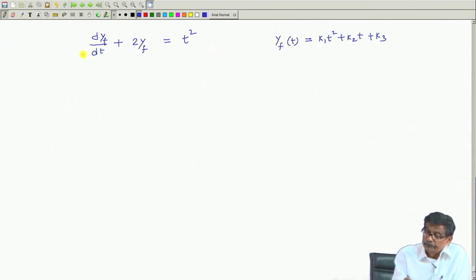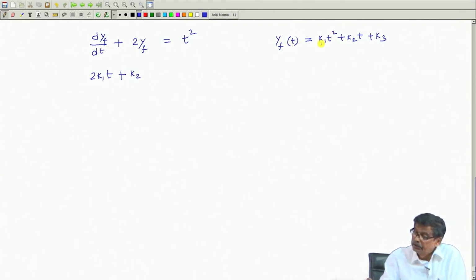So, put it here. If you put it here, d/dt of y_f(t) will be 2 k1 t + k2. The derivative of k3 vanishes, so only 2 terms will be there.